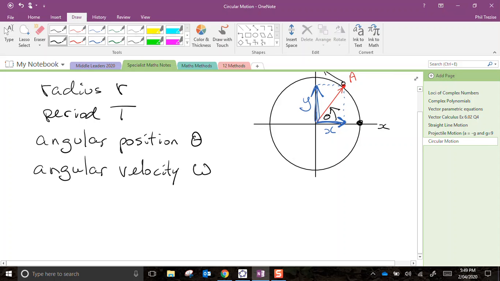We designate this with the Greek letter omega, and it would be the angle for a full rotation divided by the time. So it's an angular distance of 2 pi to go once all the way around, divided by t.